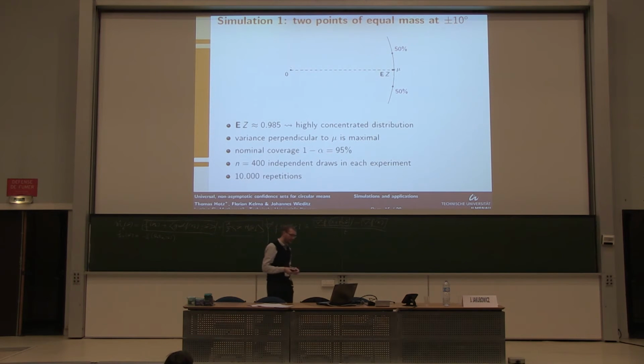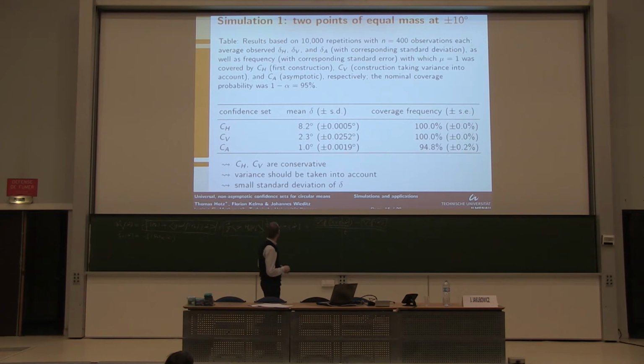We want a nominal coverage of 1 minus alpha, which is 95%, and we have 400 observations in each experiment. We repeat this 10,000 times. What do we get? Well, the asymptotic confidence region has an opening angle of plus minus 1 degree. On average, the construction with the variance taken into account is roughly twice as large, and if you don't take the variance into account, it's much larger.